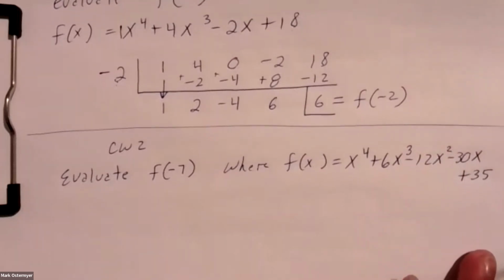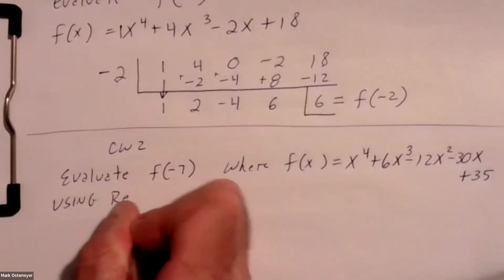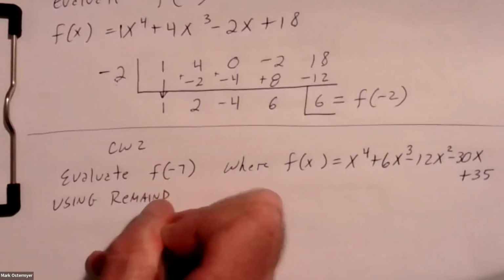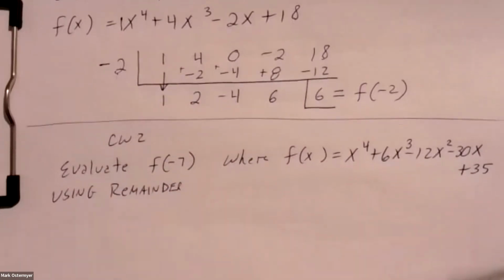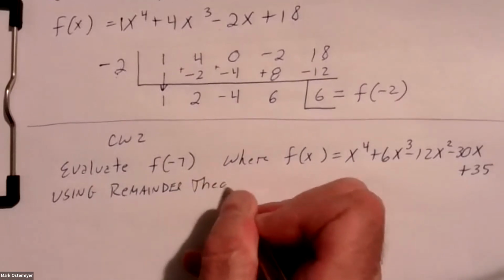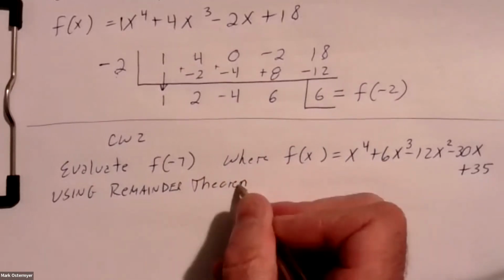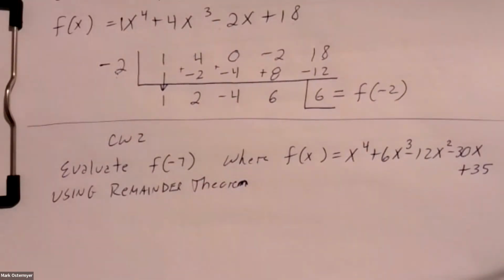So I want you to evaluate this using the remainder theorem. The intention is not to have you put negative 7 in for x everywhere and crank this out. I want you to use the remainder theorem to find what f of negative 7 would be. Okay, go ahead and do that. This shouldn't take too long because synthetic division does not take long. All right, so go ahead and crank out what f of negative 7 would be.